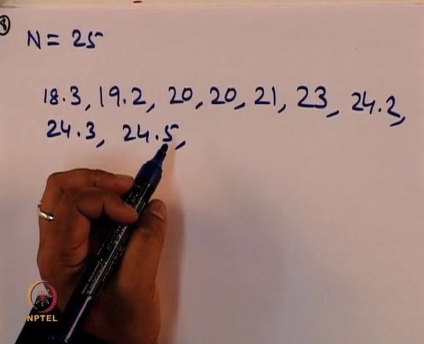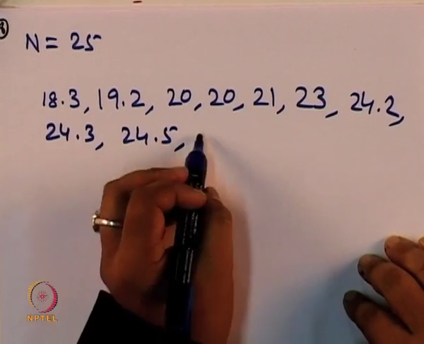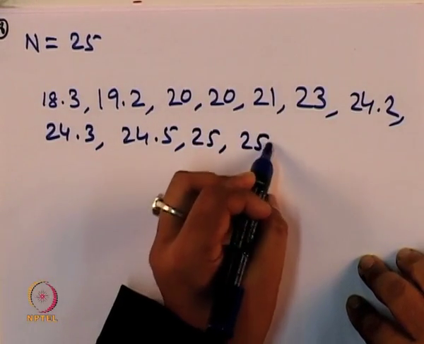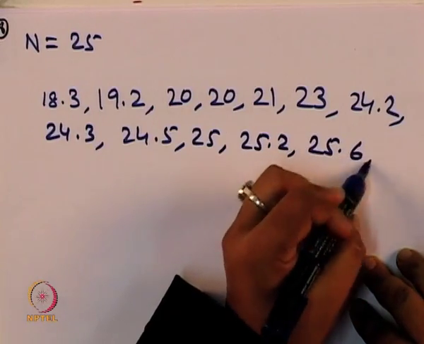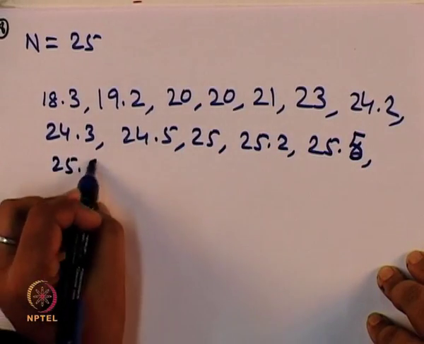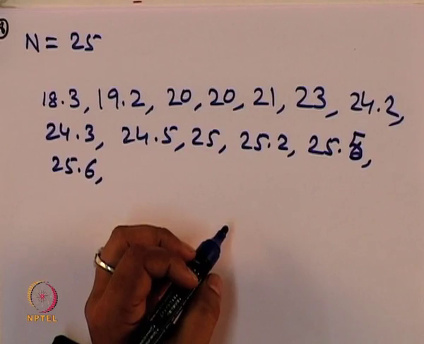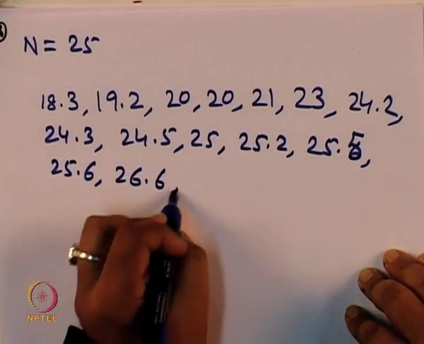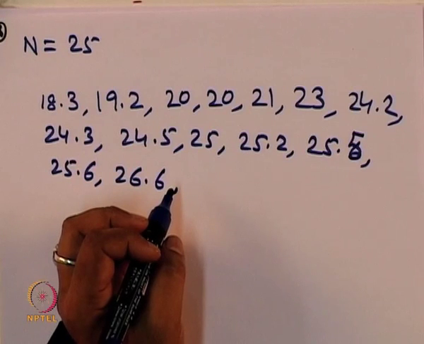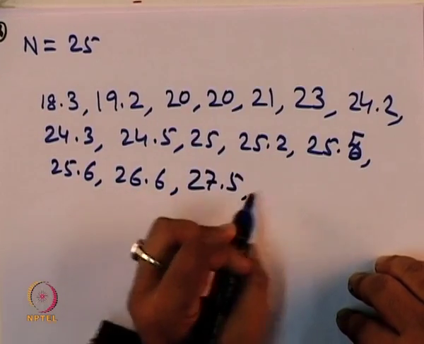After 24.5 you have 25, 25.2, 25.5, then 25.6, after that you have 26.6, then after 26.6 you have 27.5. So, I can write the remaining numbers.